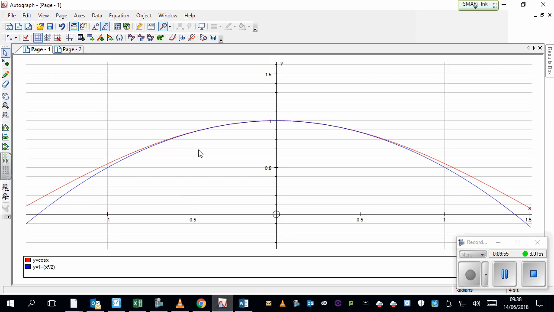So that's what I'm talking about, why these approximations are useful, because this curve, cos x, which can be quite nasty to work with, has now just been reduced to 1 minus x squared over 2, this really nice quadratic. And between minus 0.5 and 0.5, it's actually fairly accurate. Okay? So that's what we're working with.